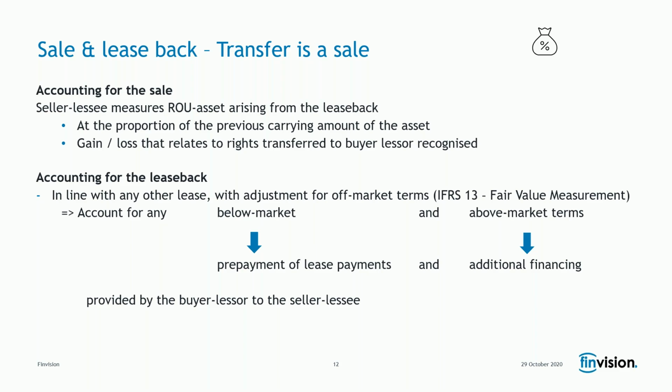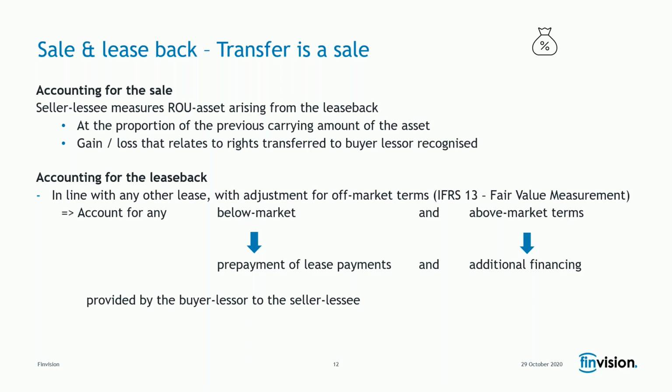It will be done at a proportion of the previous carrying amount of the asset, and the gain or loss that relates to the rights transferred will be recognized. So you will basically make a split of the surplus value of your sale, and part will be included still in the right of use asset, and the otherwise will be recognized in the income statement.